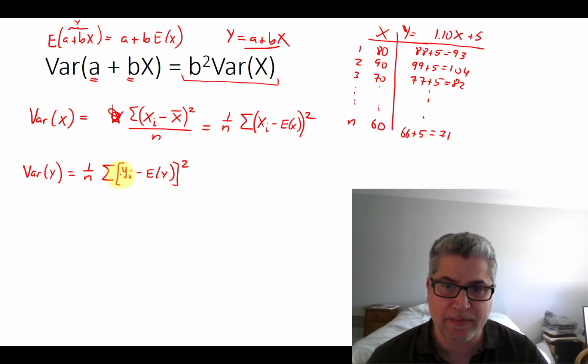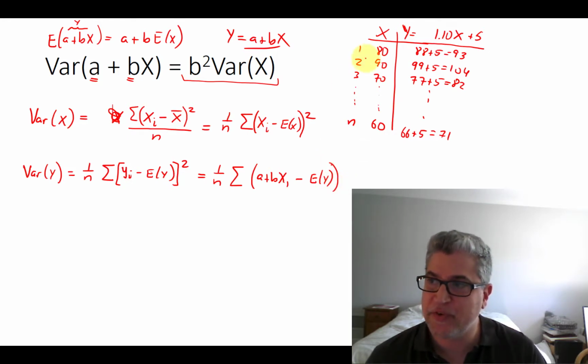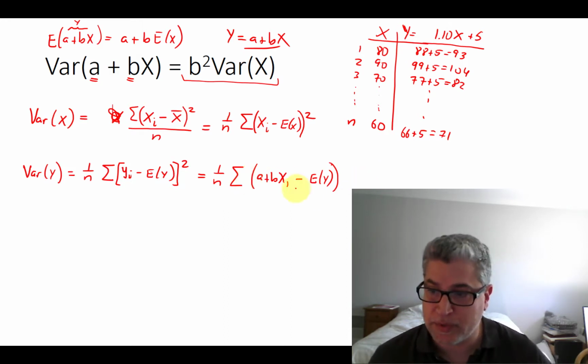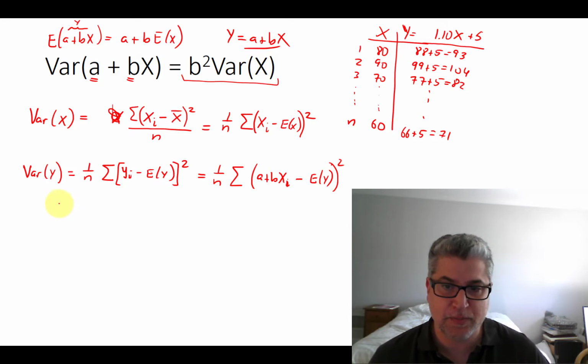Let's substitute that into here. So we have a plus b for the first observation minus the expectation of y. That's the first term. We need to do that for all of our terms. So let's make this an i. And we square that. Okay, let's keep working.